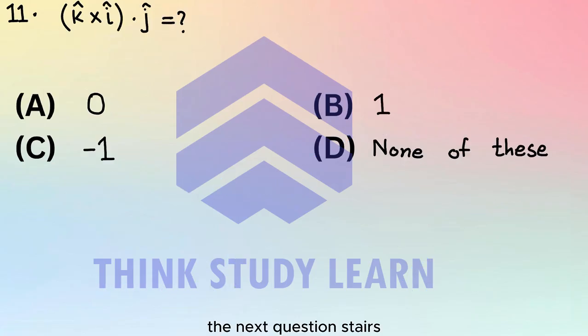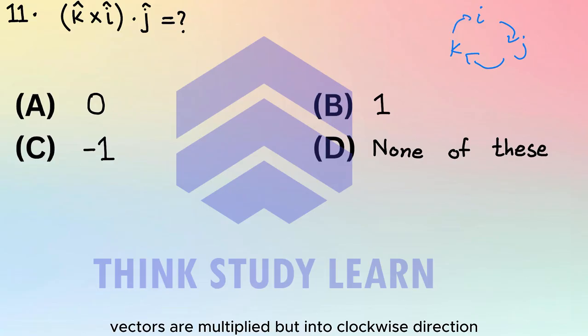The next question states, find the value of k vector into i vector dot j vector. So we know that for the product of vectors we have an identity which states if vectors are multiplied in the clockwise direction, then it will be positive.